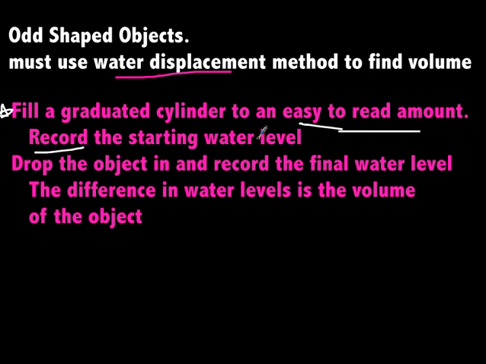So record the starting water level. Then you're going to drop the object in and record the final level. Finally, you're going to find the difference in water levels, because that's going to be what the volume of the object is. So if the water starts at 10 and then it goes to 15, the object you dropped in is 5 milliliters. So I'm going to show you a couple easy examples with that.